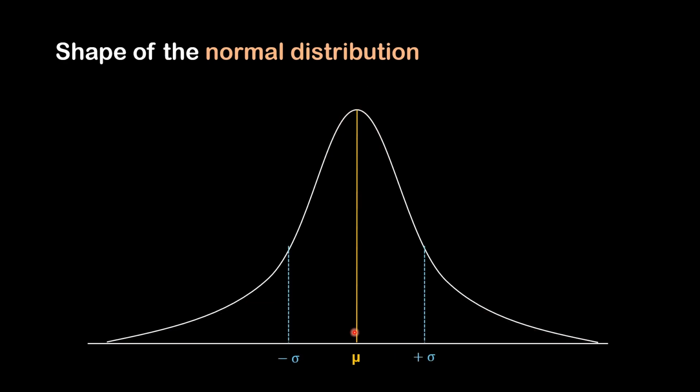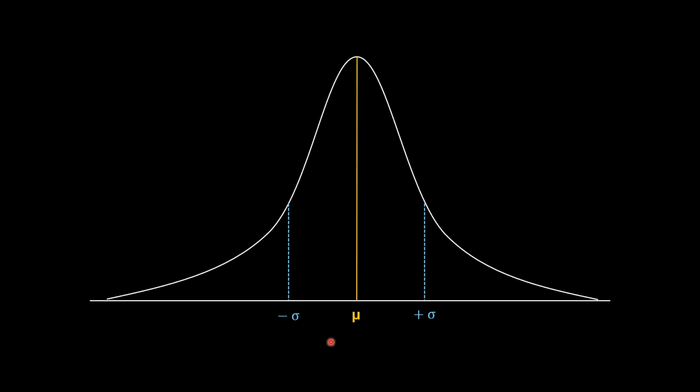Note that the normal distribution is perfectly symmetrical about the mean, which implies that 50% of data will be greater than the mean and the other half are going to be smaller than average. Another characteristic of the normal distribution is that approximately 68% of data lies between -1 and +1 standard deviations from the mean.